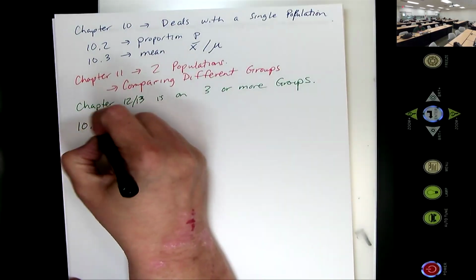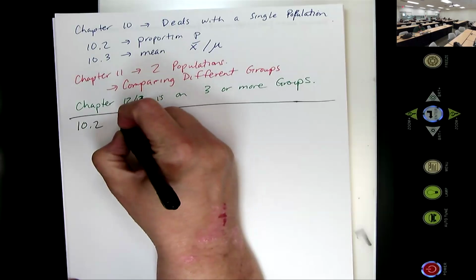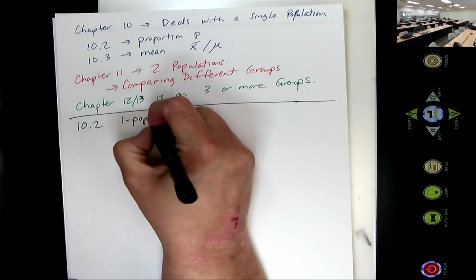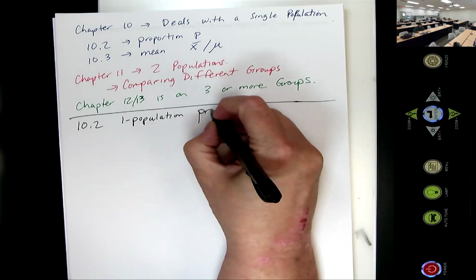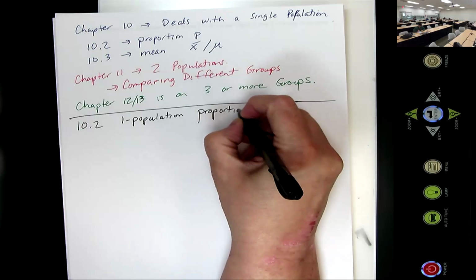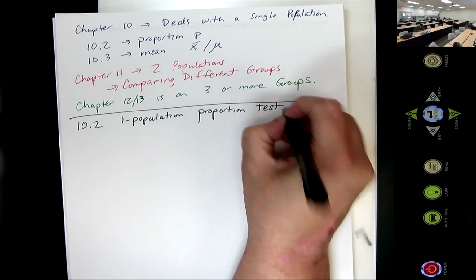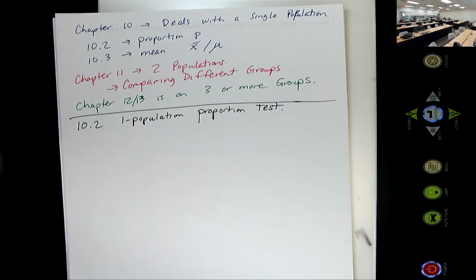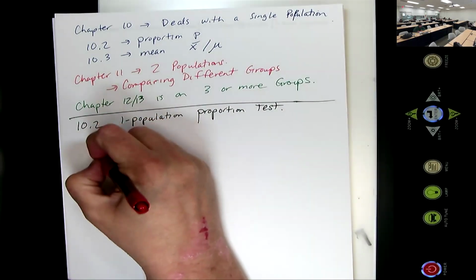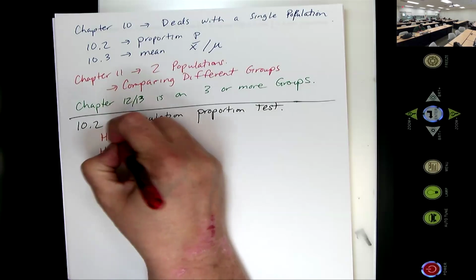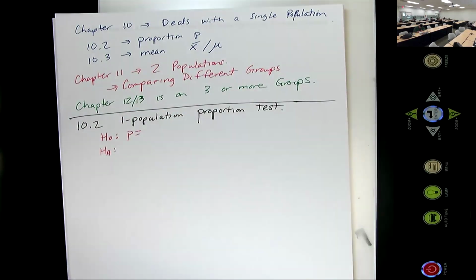So with 10.2, we are looking at a one population proportion test. For this one, we need to talk about what H naught and HA are. H naught will always be P equals some value.